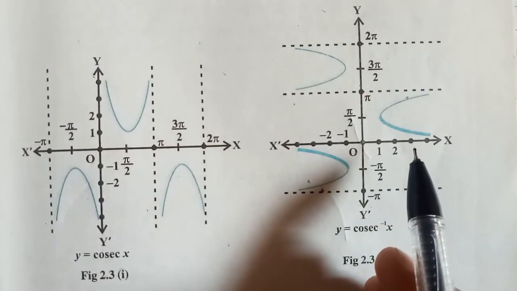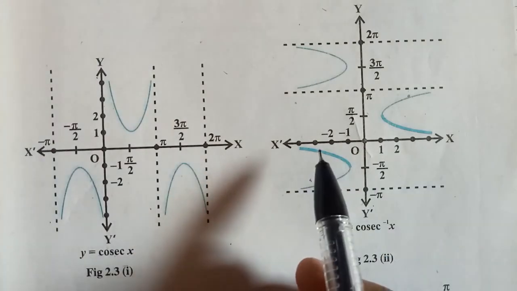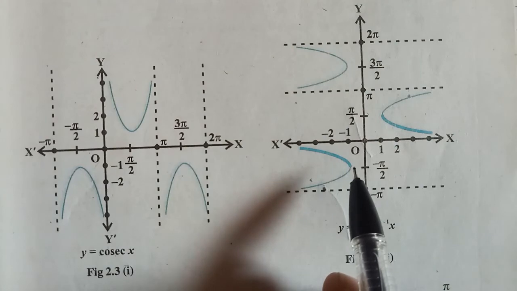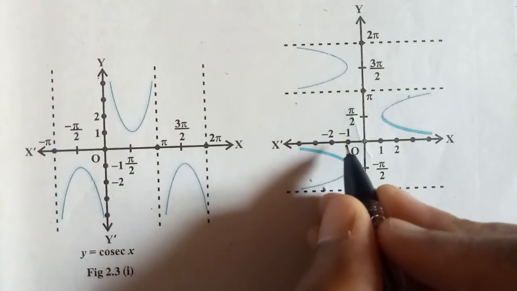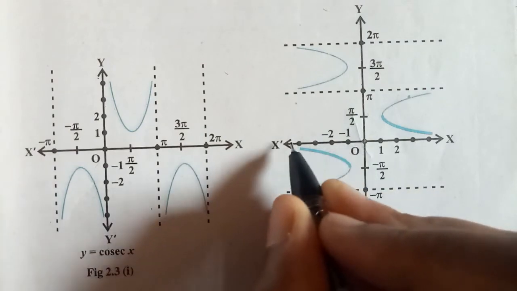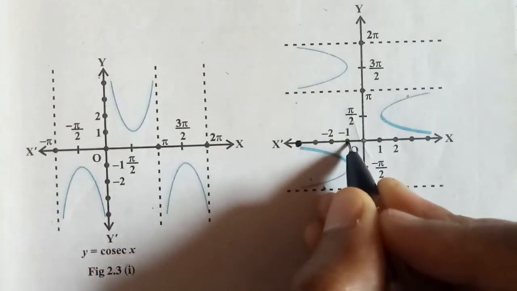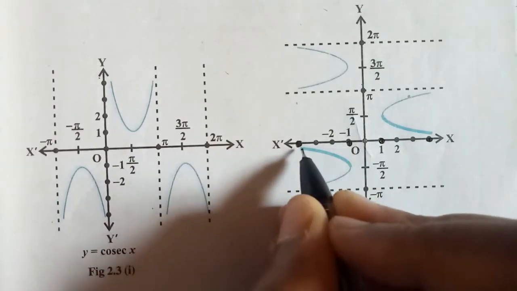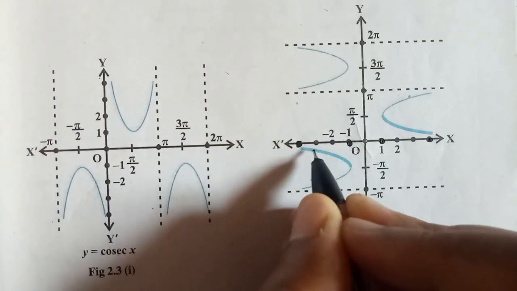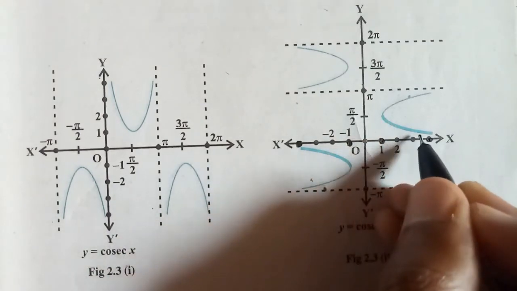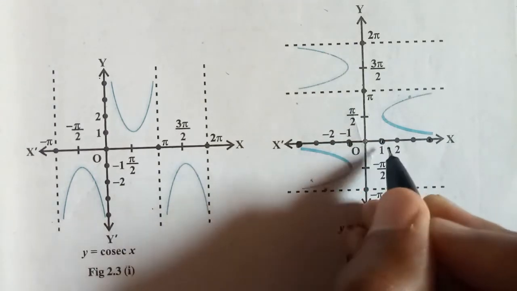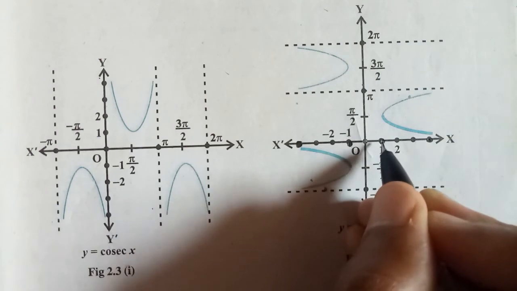If I exclude the portion from minus 1 to 1 and consider all values from this point to this point, and from this point to this point, you can see that whatever values of x are taken, they are all unique. Between minus 1 and 1 there is nothing coming.